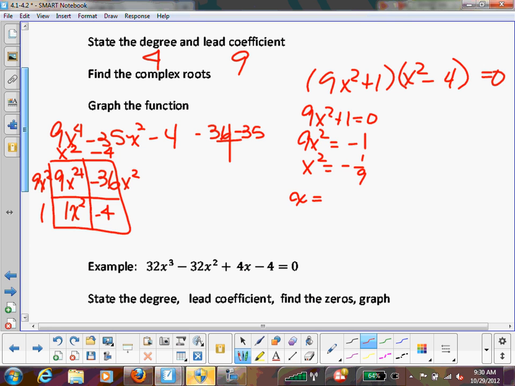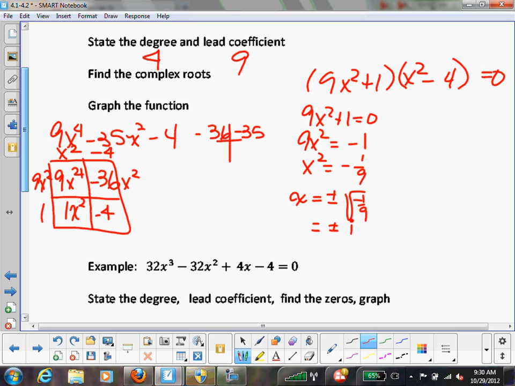And x is equal to what? Plus and minus the square root of, well, if you've got a negative sign under the radical, it automatically turns into what? i. What's the square root of 1?